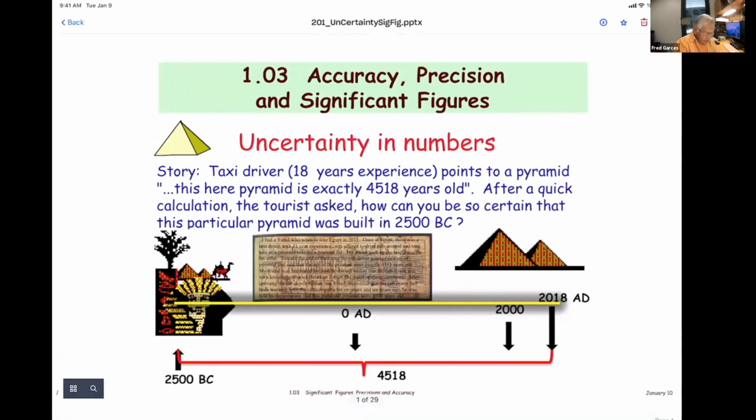First of all, let me go ahead and do this. The story of this right here illustrates the importance of significant figures. This story is about a cab driver in Egypt.